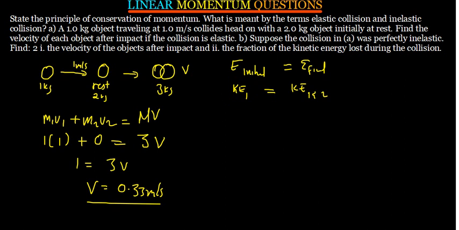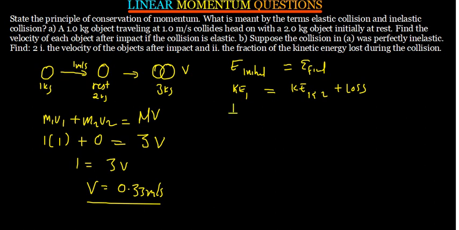Now because not all this energy is going to be converted, there is some loss, so plus the loss. So the initial kinetic energy equals the final kinetic energy plus that same loss, because initially the total energy is just kinetic.